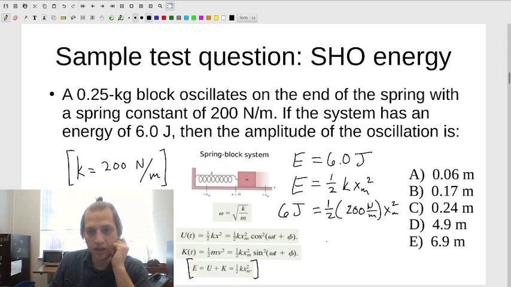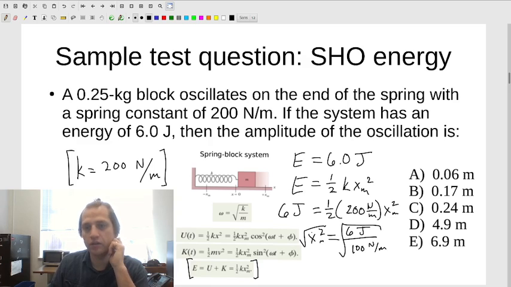So I could get that x_max squared equals, and now I'm going to divide both sides by 100. So it'd be 6 joules over 100 newtons per meter, and then I take the square root of both sides. And this question is on your review sheet, so I will let you complete this question by yourself.